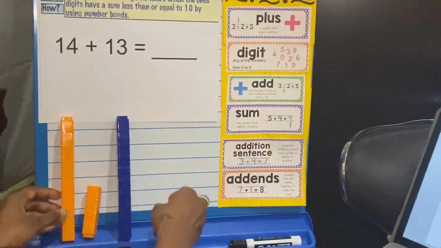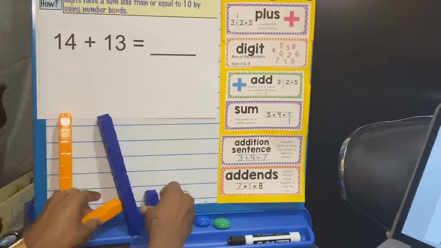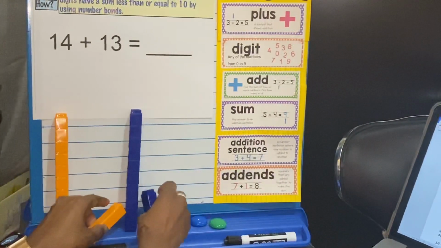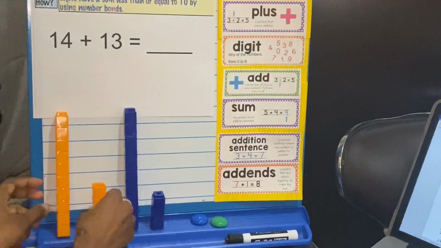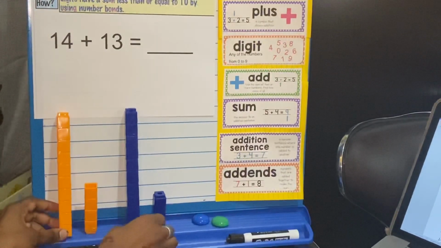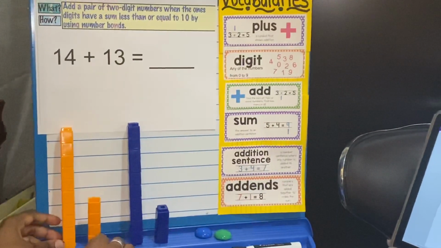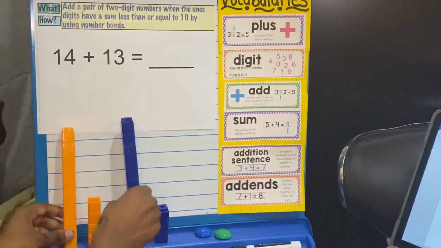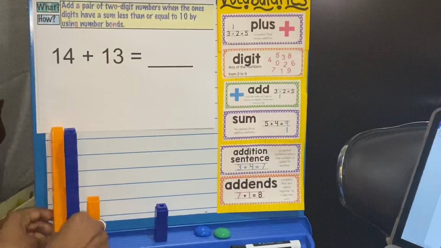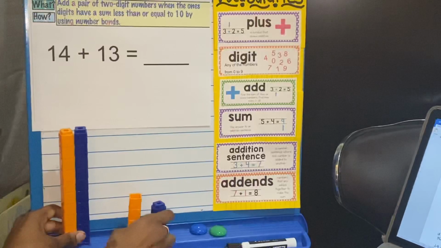I have to double check. It's always good to double check. So I have 14 and 13. One way that I can add them is by putting the tens together and putting the ones together.